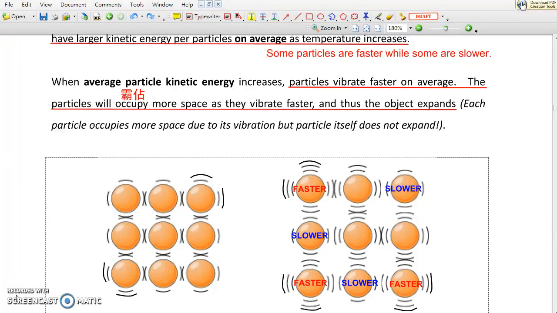When temperature increases, the particles vibrate faster, and those particles then occupy more space. As the average particle kinetic energy increases, on average, the spacing between the particles increases and then the object expands. But note that the particles themselves do not expand, they only occupy more space.